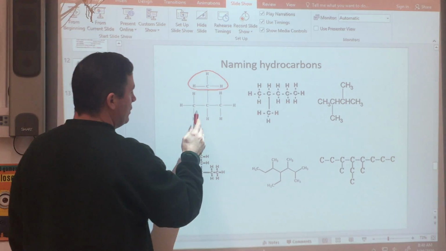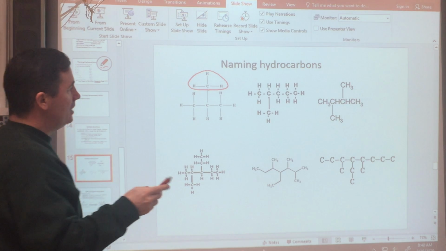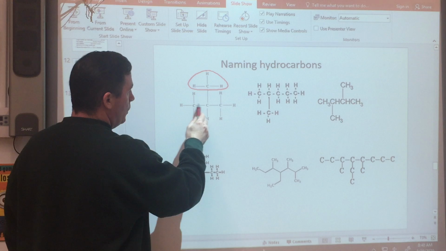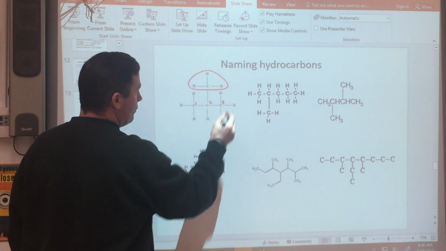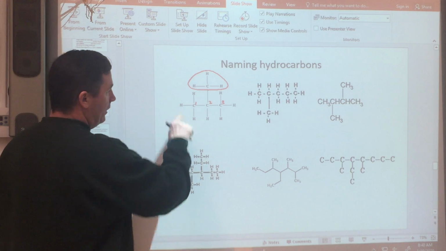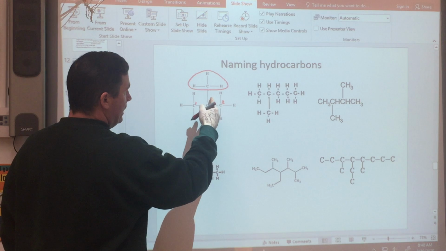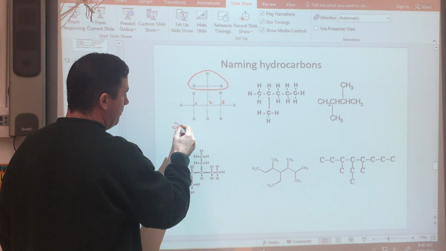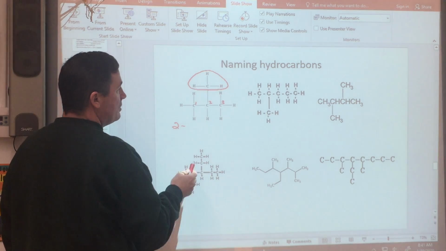So the first thing that I have to do is identify what number carbon the substituent group is. Okay? So I'm going to go ahead and number these. 1, 2, 3. That's my longest chain. Now, where is this substituent group? It's on carbon number 2. So I'm going to put 2 dash, and what is the substituent?